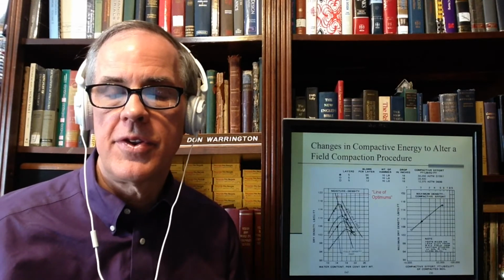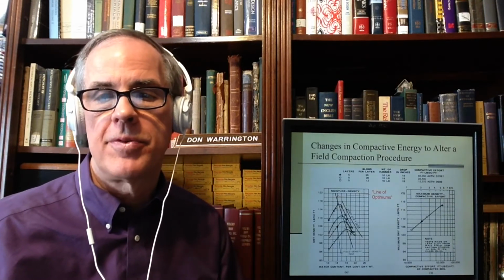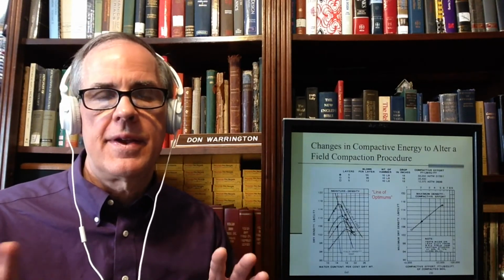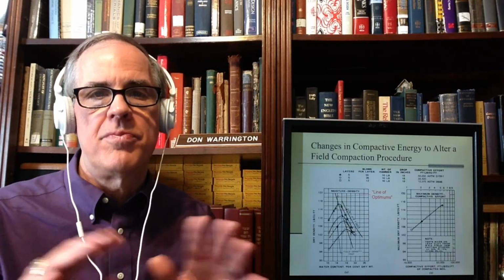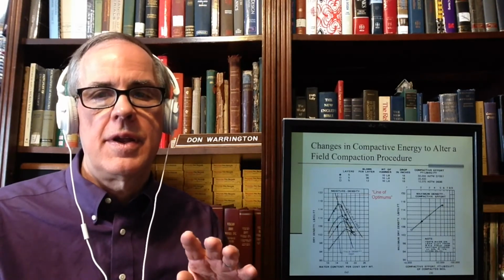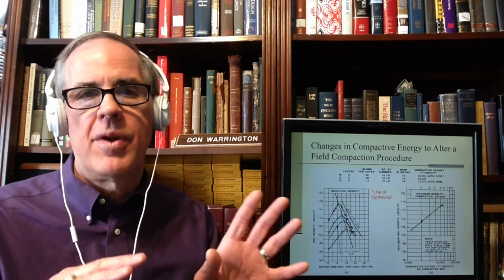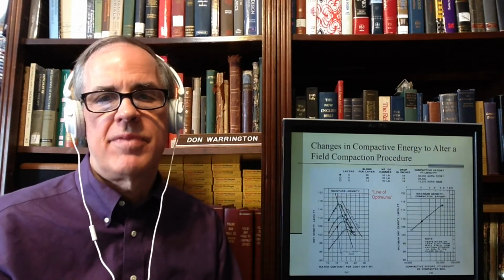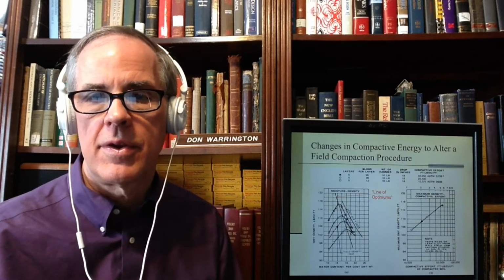This actually shows a line of optimums developed by mixing and matching hammers and molds and whatnot to get different compactive efforts. You can do that and get a line of optimums.